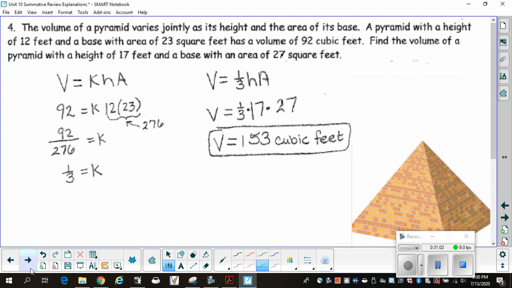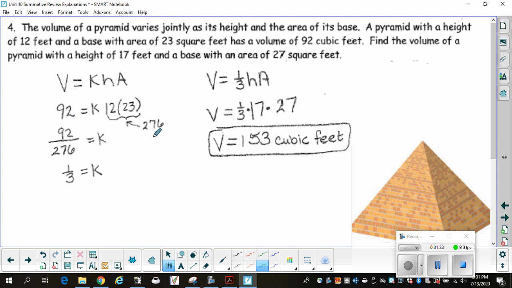Finally, we have the volume of a pyramid. It varies jointly as its height and the area of its base. So we have volume varies jointly, which means you've got 2 things, the height and the area of its base. You're given information: 12 feet high, 23 is the area, and it's equal to 92.